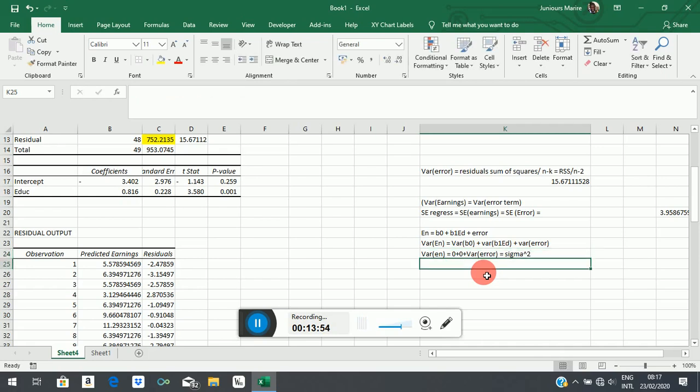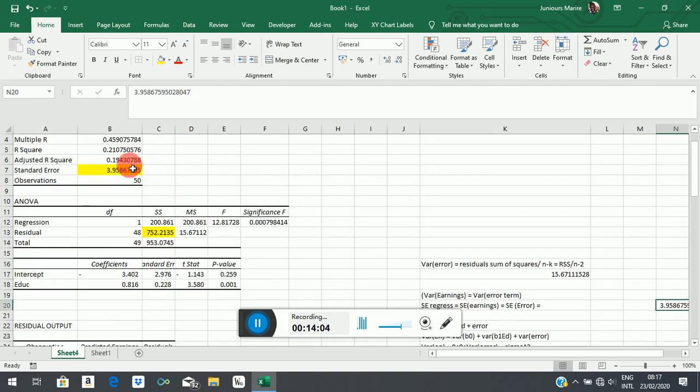So once you know the variance of the error term, you can also deduce the standard error of the regression, which is this one. It is this particular standard error that we are using to find these standard errors here for our slope and our intercept terms.